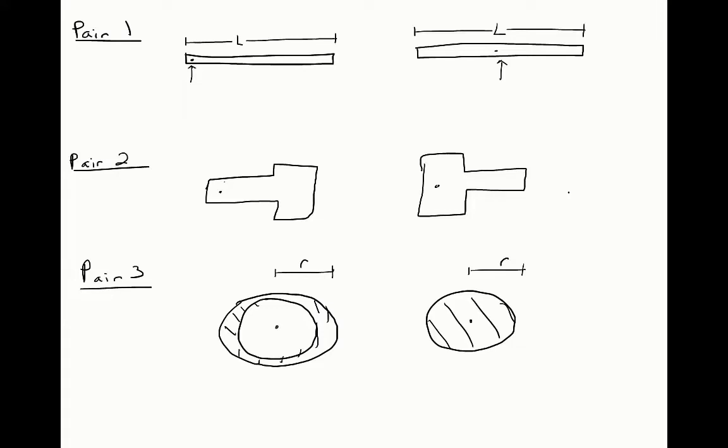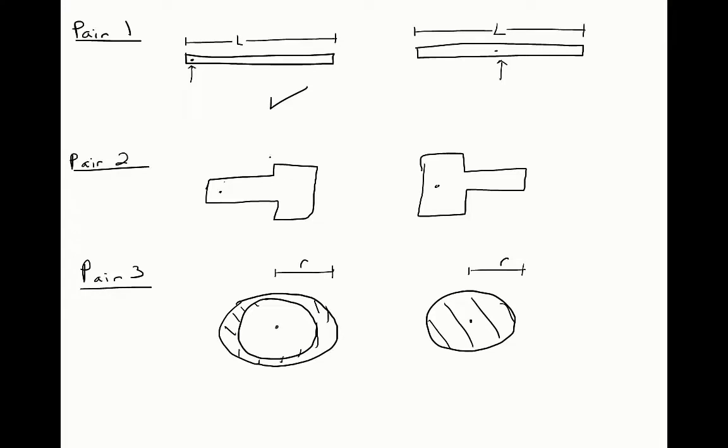Mass contributes more to moment of inertia the farther away it is from the axis of rotation. So in the first pair, the first object has a bigger moment of inertia because more of its mass is further away from the axis of rotation.